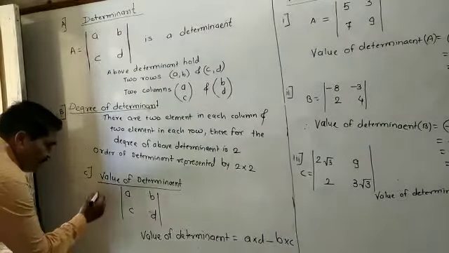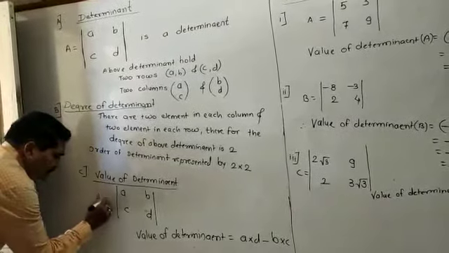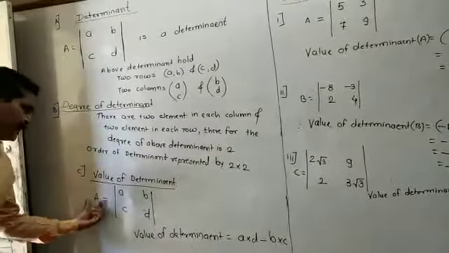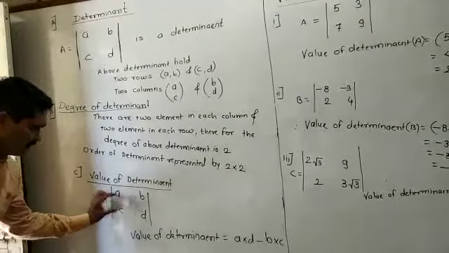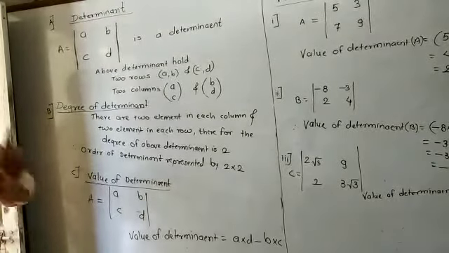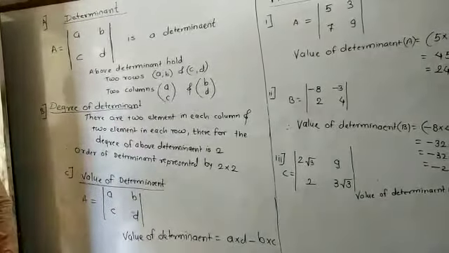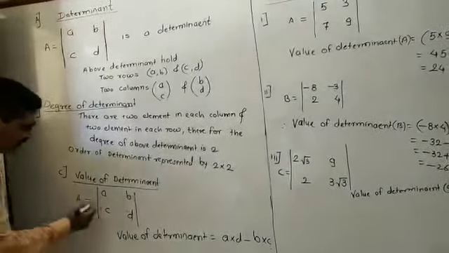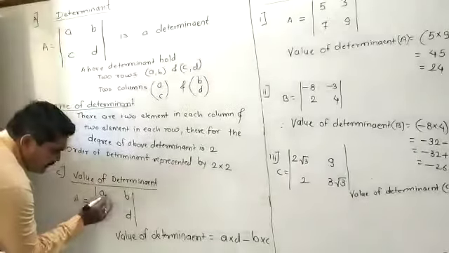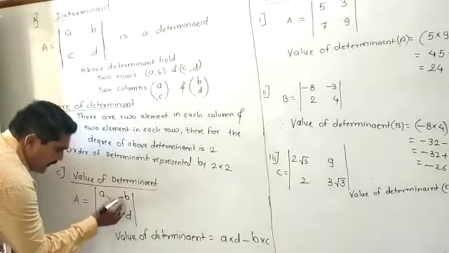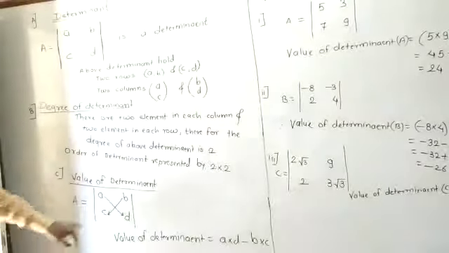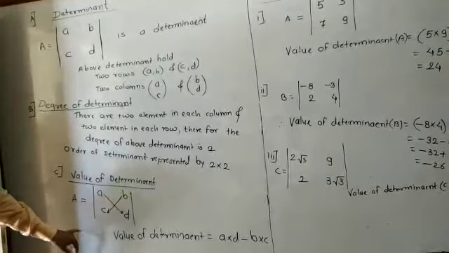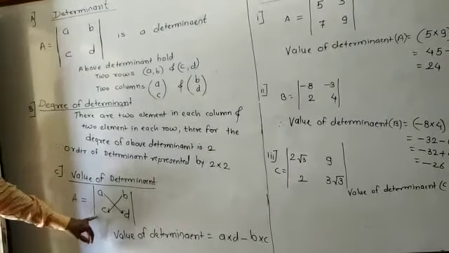I will represent this determinant as A. A is equal to, these are the two rows and these are the two columns. And if you want to find out the value of the determinant, at that time you have to draw arrows pointing downside from A, and an arrow pointing downside in cross towards C. Everybody understand?